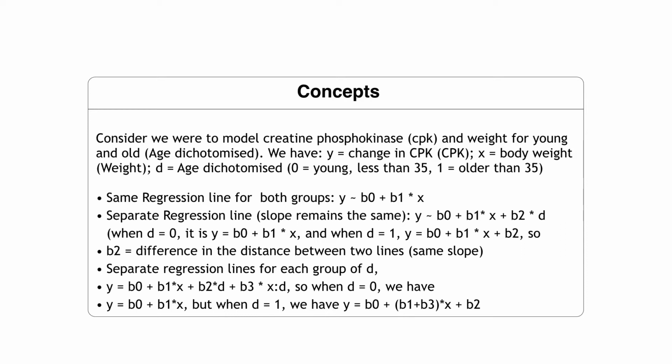For both men and women, that slope will remain the same, but maybe for both young and elderly, the slope will remain the same. However, for the older group, who are given a value of 1, that line will be shifted by some distance. Okay? So we'll have 2 different lines. So then we say that it's going to shift by B0, which is the intercept. That intercept will get shifted or changed.